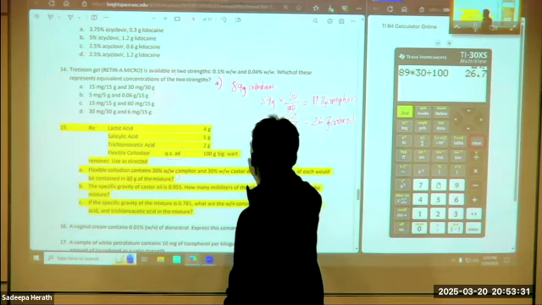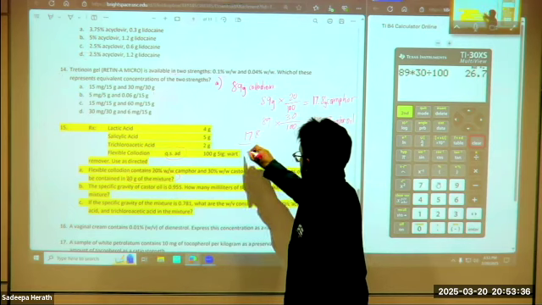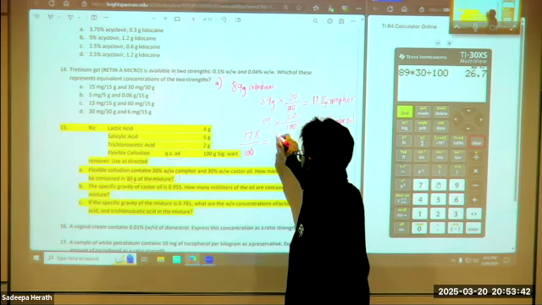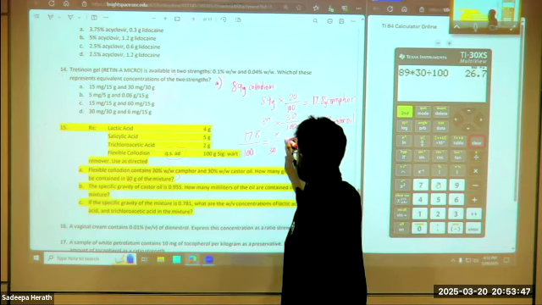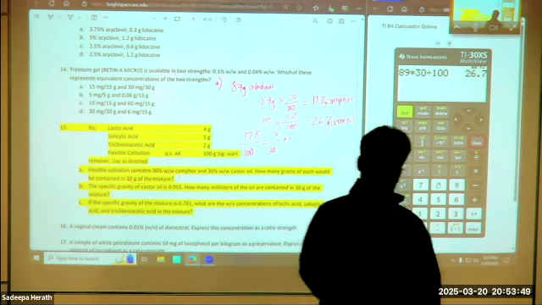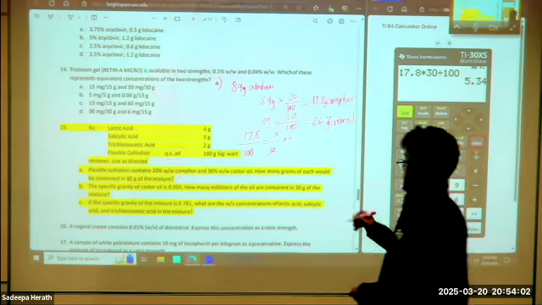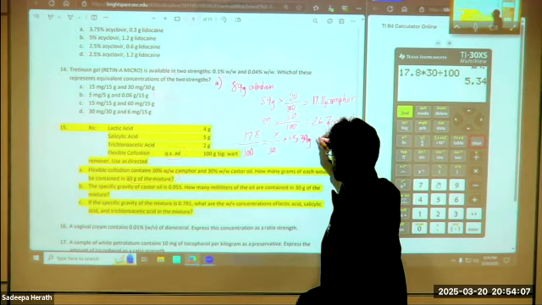So we can say for camphor, 17.8 over 100 grams of the mixture equals how many grams for 30 grams of the mixture? X equals 17.8 times 30 divided by 100, 5.34 grams of camphor.